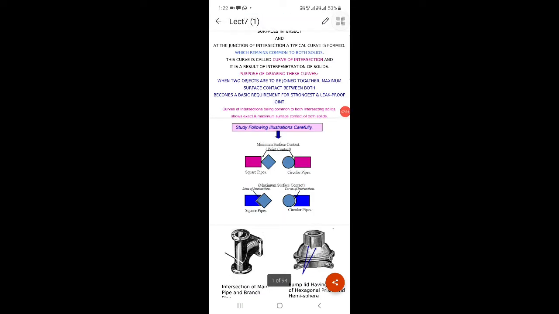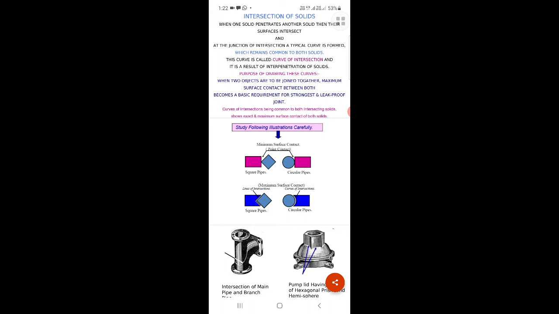So friends, today we see the intersection of solids. When one solid penetrates another solid and their surfaces intersect, a typical curve is formed at the junction, which remains common to both solids.